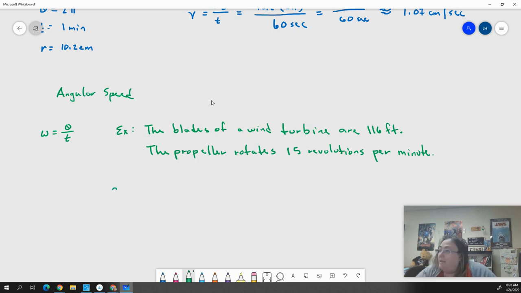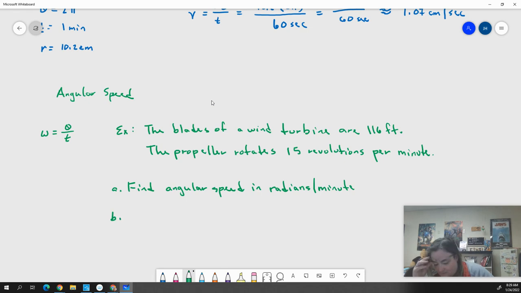We want to, A, find the angular speed in radians per minute. And B, find the linear speed of the tips.